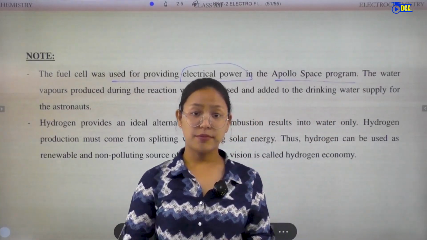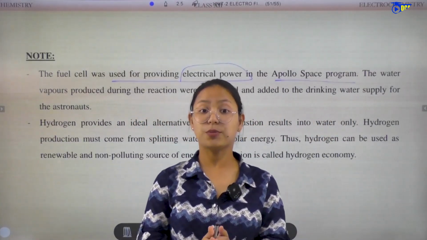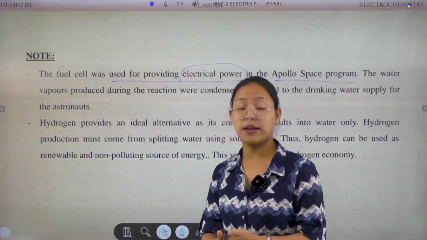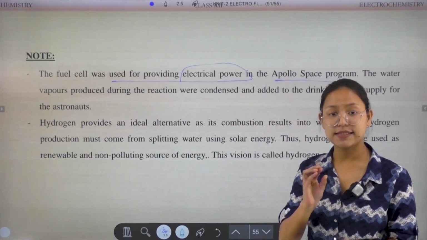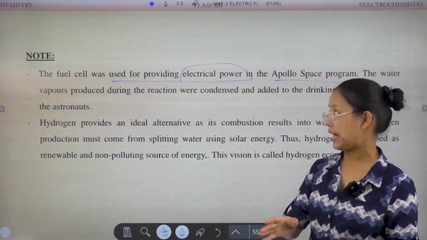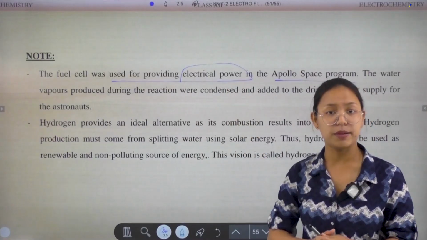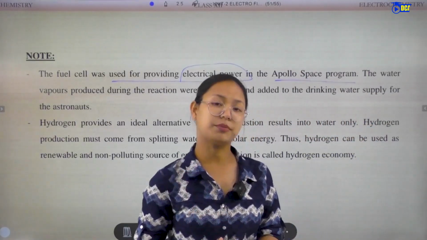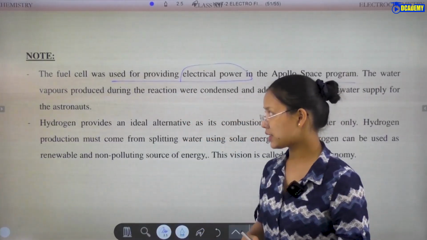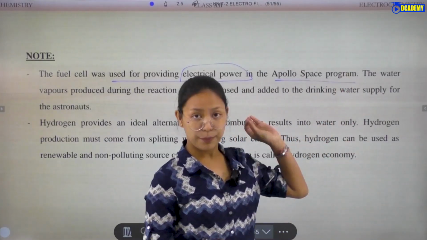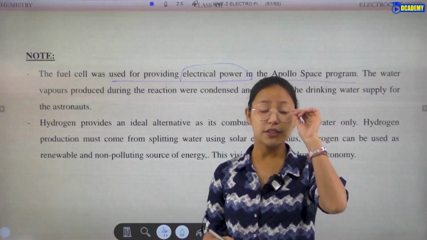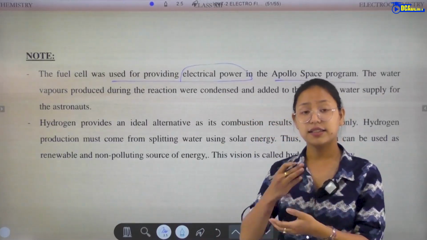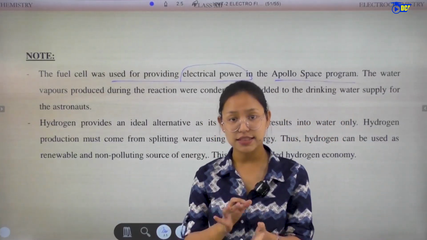The Apollo space program is the space orbit program, where the fuel cell provided electrical power, but water vapor is also produced, which is the gaseous form or gaseous state.